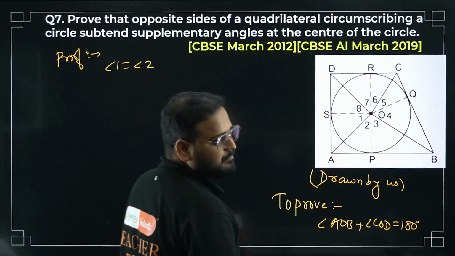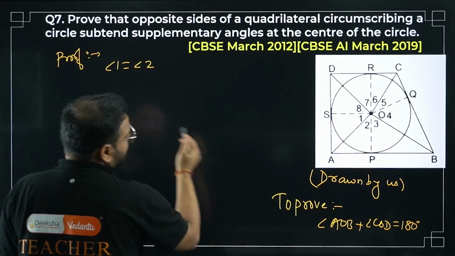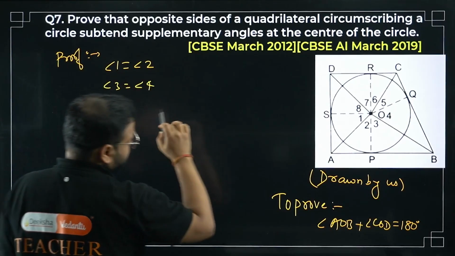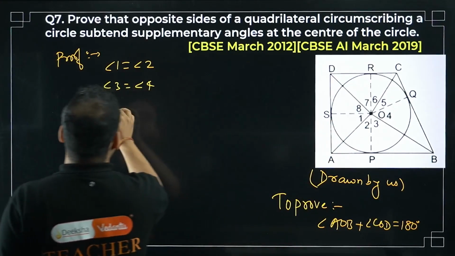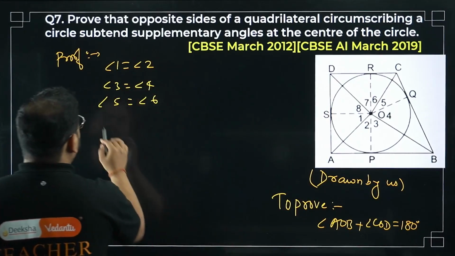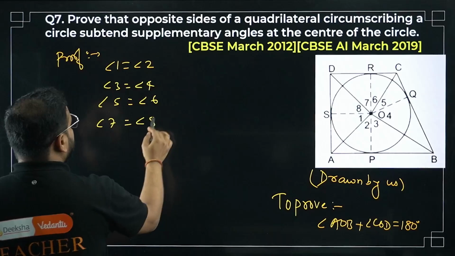How come, bacha? Okay, I'll write the property, don't worry. Angle 1 equals angle 2. Angle 3 equals angle 4. Same way, angle 5 equals angle 6, and angle 7 equals angle 8. Reason, sir?